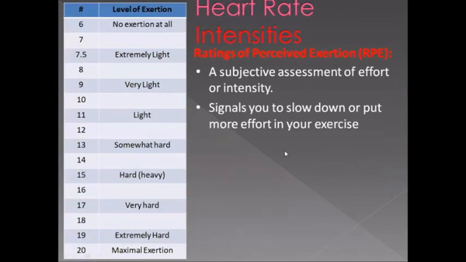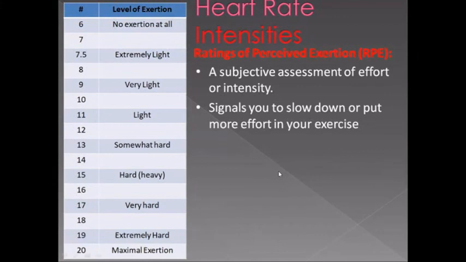Next is ratings of perceived exertion, or RPE. It is a subjective assessment of effort or intensity. It signals you to slow down or put more effort in your exercise. So this prevents you from stopping and counting your heart rate during exercise.